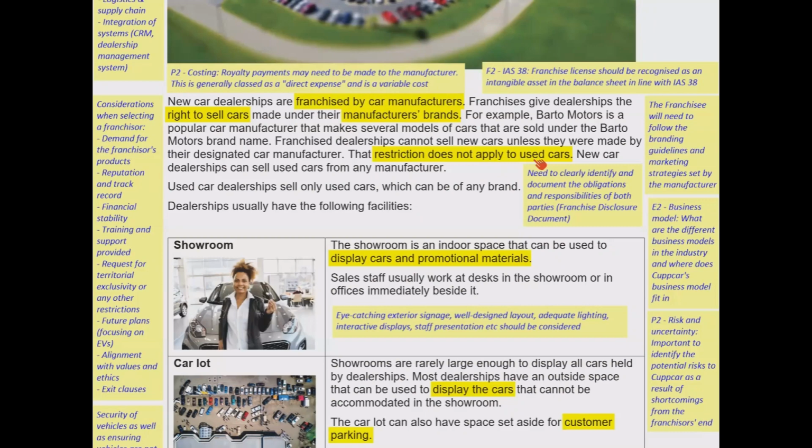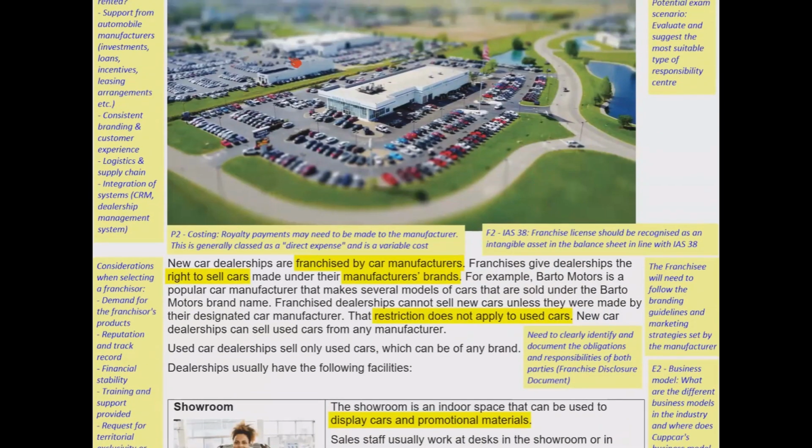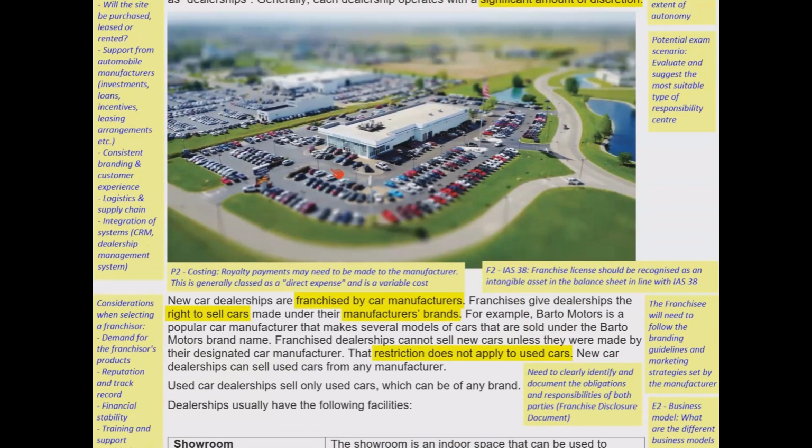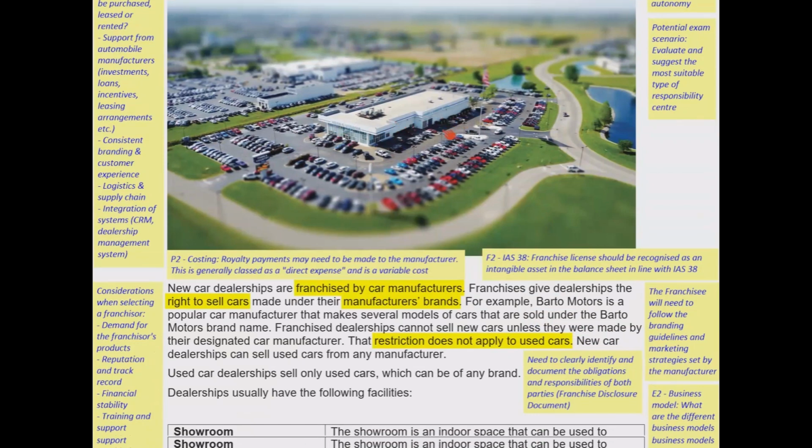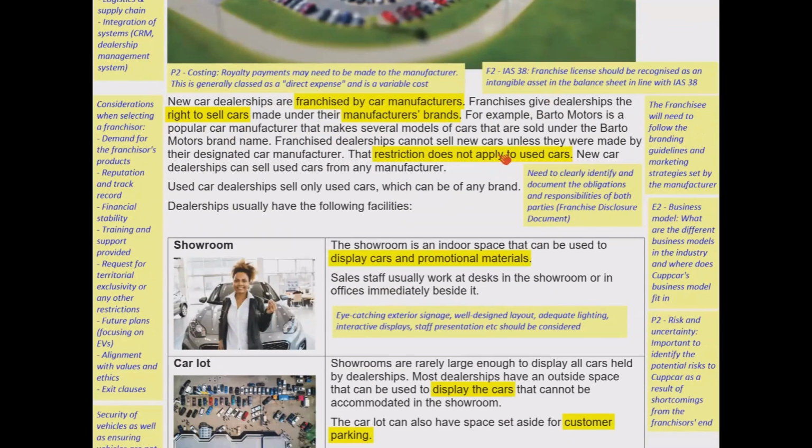That doesn't apply to used cars, and most dealership locations like this one in the photo will sell new cars from the one manufacturer. So this might be a Volvo dealership, it might be a Honda dealership, it might be a Ford one, but they can also sell used cars from any other manufacturer.